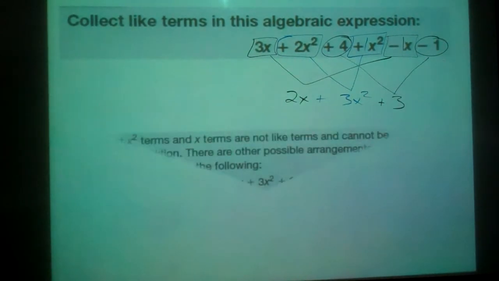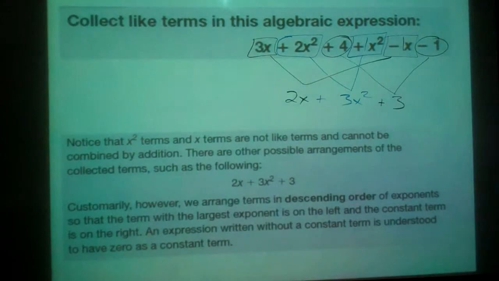But we'll see here, notice that the x squared terms and x terms are not like and cannot be combined by addition. There are other possible arrangements of collected terms, such as the following. This is what we got for an answer. But customarily, we arrange terms in descending order of exponents, so that the term with the largest exponent is on the left, and the constant term is on the right.